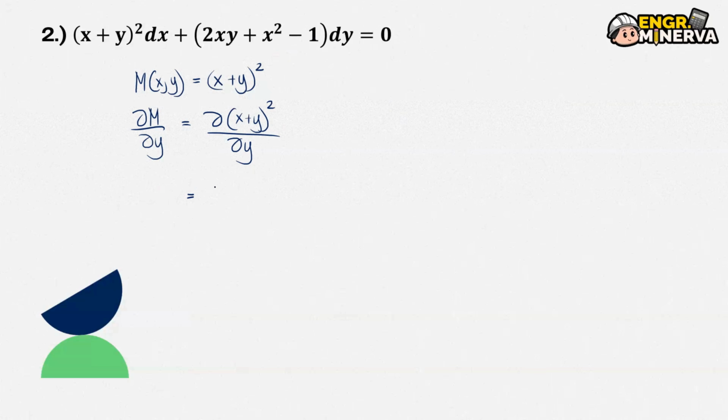That would be 2 times (x + y) raised to 2 minus 1, multiplied by the derivative of the inside function.